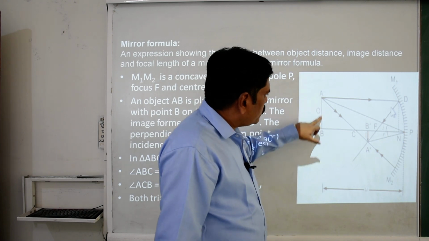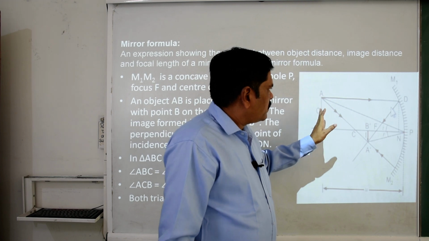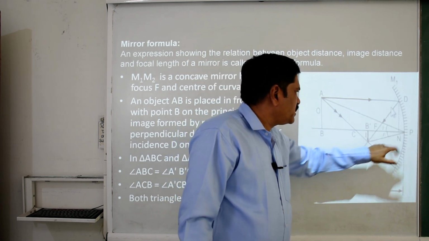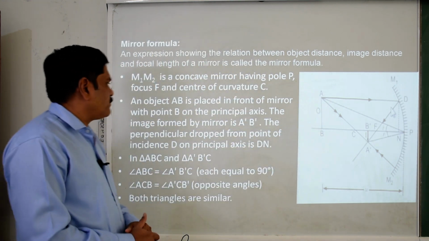So the object is AB and the image is A dash B dash. This AB is parallel to DN, and A dash B dash is also parallel to DN and to AB too.